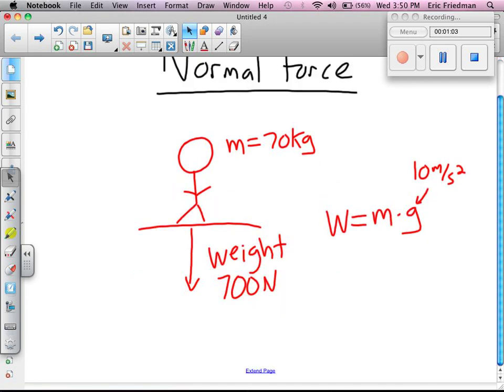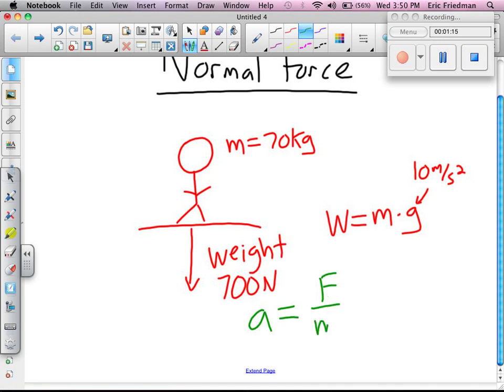Well, we've got a little bit of an issue here, because now I can look at what Newton's second law says. Newton's second law says that acceleration is force divided by mass. I could calculate what the acceleration would be.